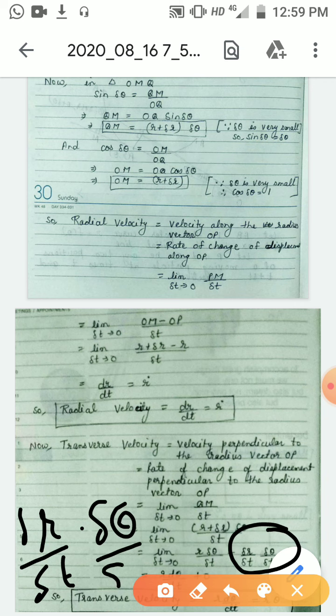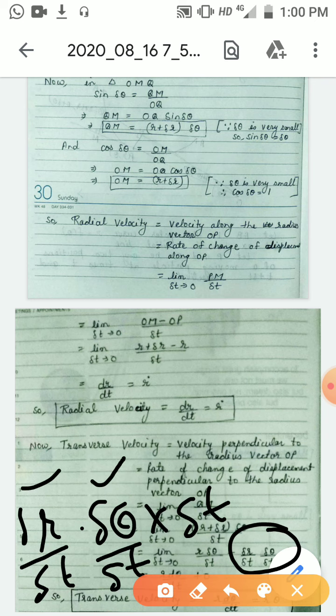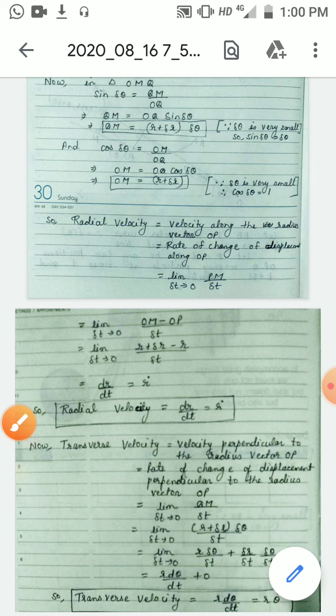Here, the second term is (delta r by delta t) into delta theta. As delta t tends to 0, delta r by delta t becomes dr by dt, delta theta by delta t becomes d theta by dt, and delta theta tends to 0, so this whole term becomes 0. So we are left with r d theta by dt plus 0, so r d theta by dt.